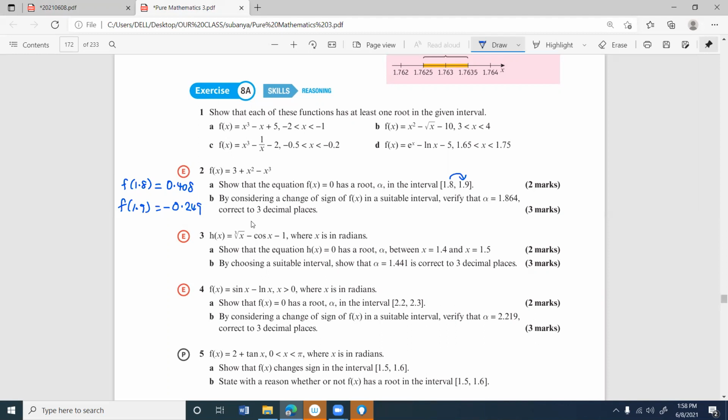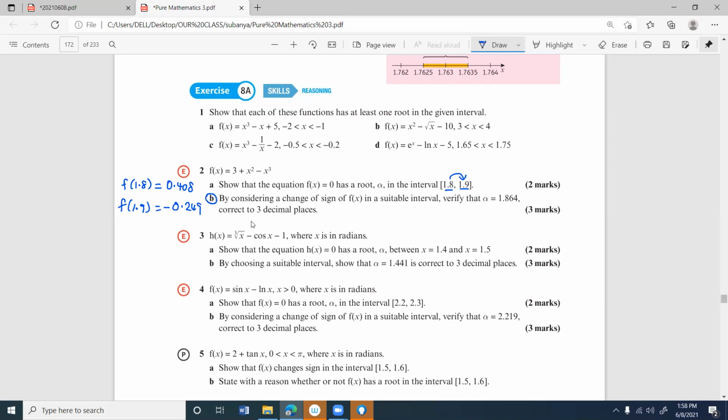As a result, a root exists in between 1.8 and 1.9, as we taught in the previous steps. Then they mentioned, by considering the change of sign of f(x), substitute interval to verify alpha equals 1.864, correct to 3 decimal places. This is the way of doing it.